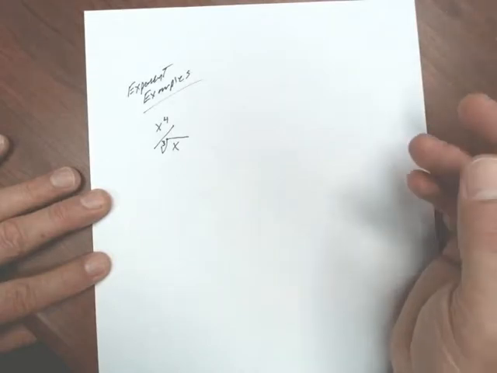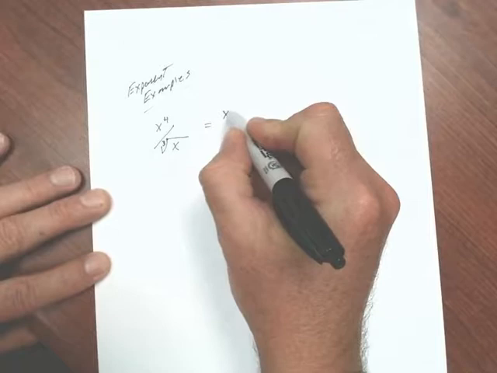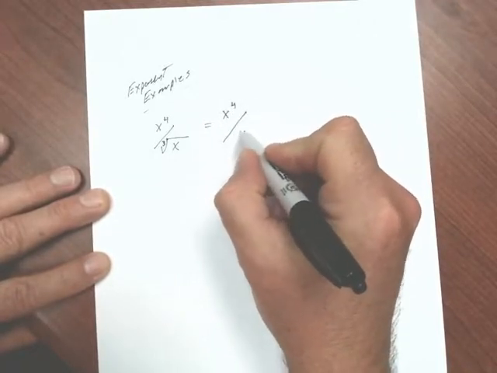So if we go back to our rules of exponents, we know we can rewrite this fraction as x to the fourth divided by x to the 1/3.